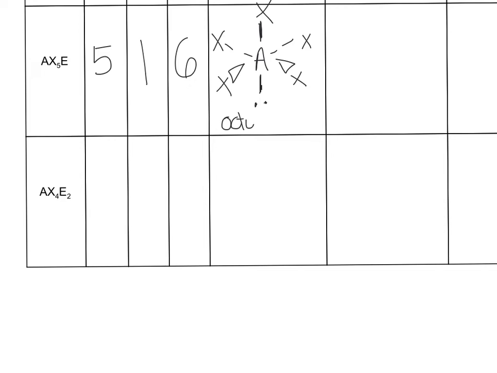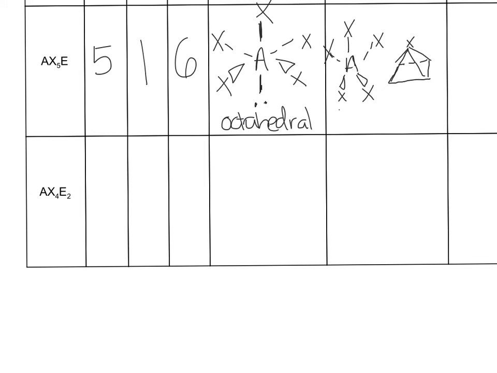So this is octahedral in shape for electron pair geometry, but for the molecular geometry, it's a very bad wedge, a square-based pyramid.